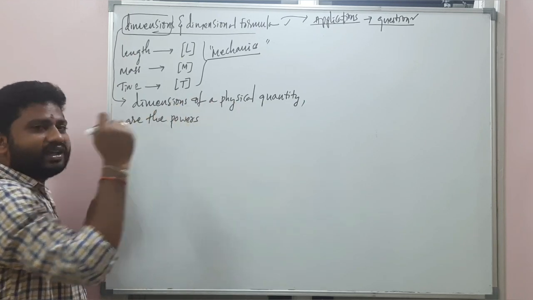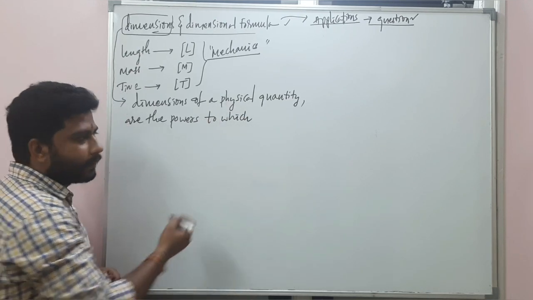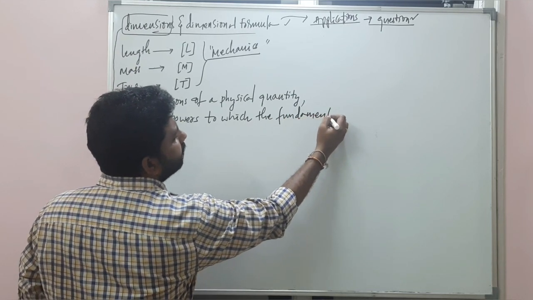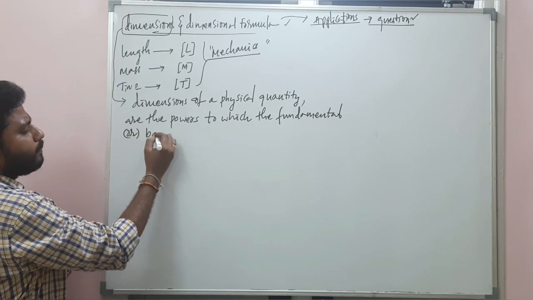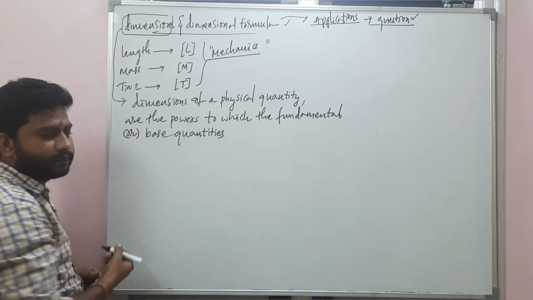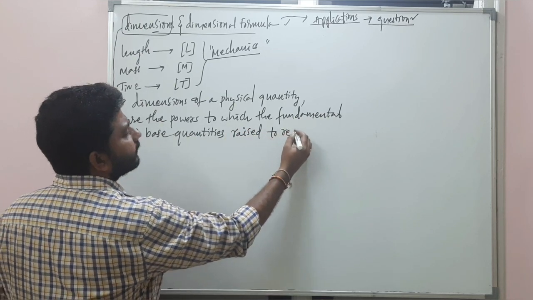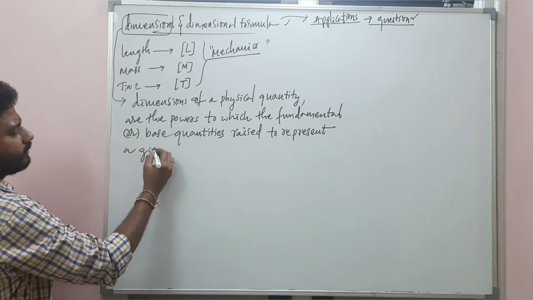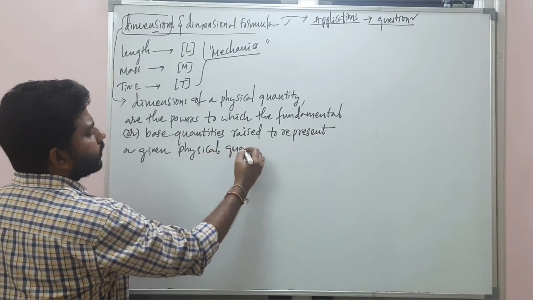Dimensions of a physical quantity are the powers to which the fundamental or base quantities are raised to represent a given physical quantity.